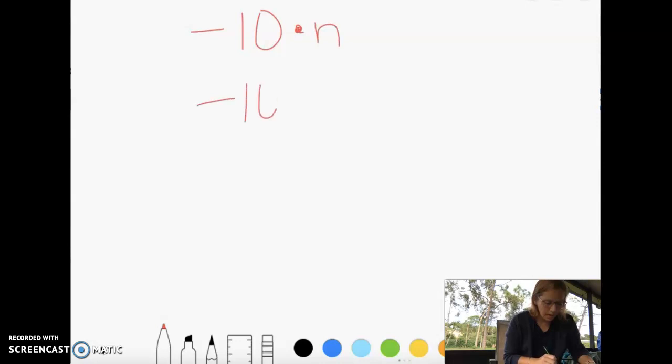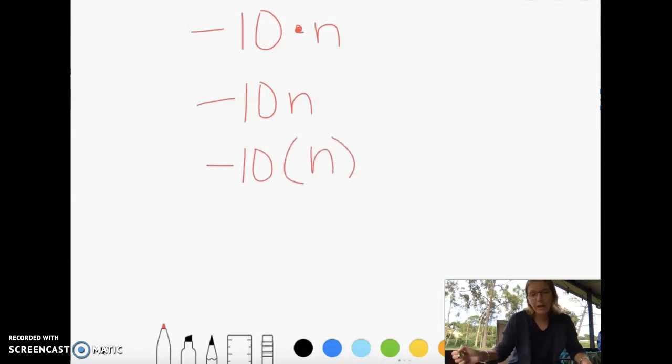You could write just the letter next to the number, because when two things are written next to each other, it means you multiply. Or you could use parentheses. I don't want you using an X because it gets too confusing with the other variables that we're using. So that would be -10 times a number. And when you have something that's being multiplied, you always write the number first and the variable second.